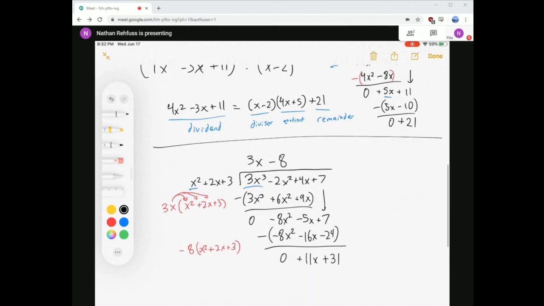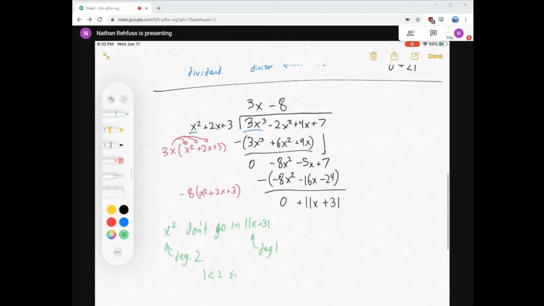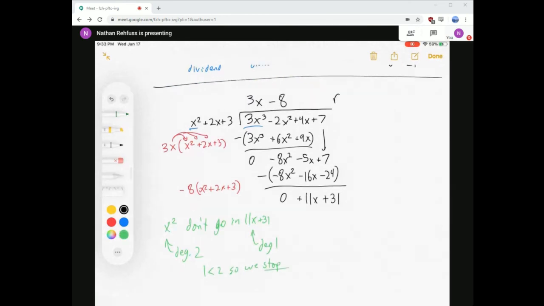The answer is x squared doesn't go into 11x because this is degree 2 and this is degree 1. 1 is less than 2, so we stop. That whole thing is our remainder. We can't fit x squared into 11x, so our remainder is 11x plus 31.